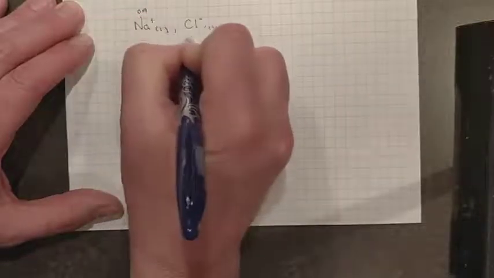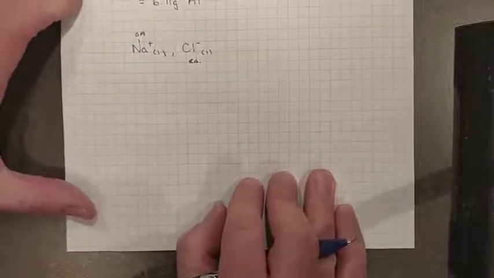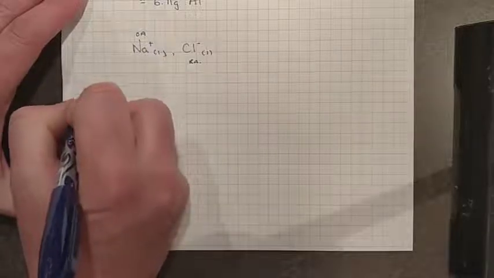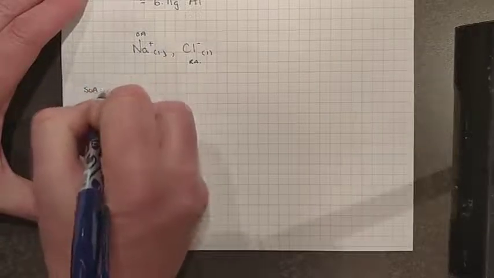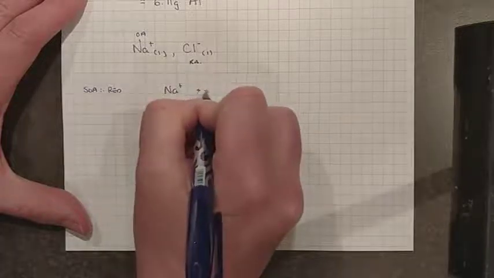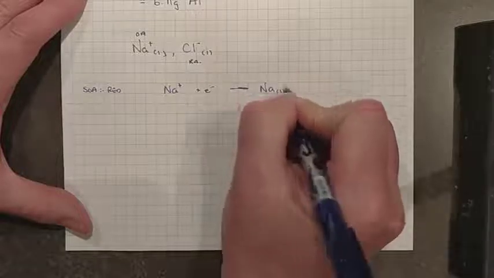There's your OA, there's your RA. Obviously, you just have the one of each. Your OA gets reduced. Therefore, Na+ should gain an electron and form solid sodium.